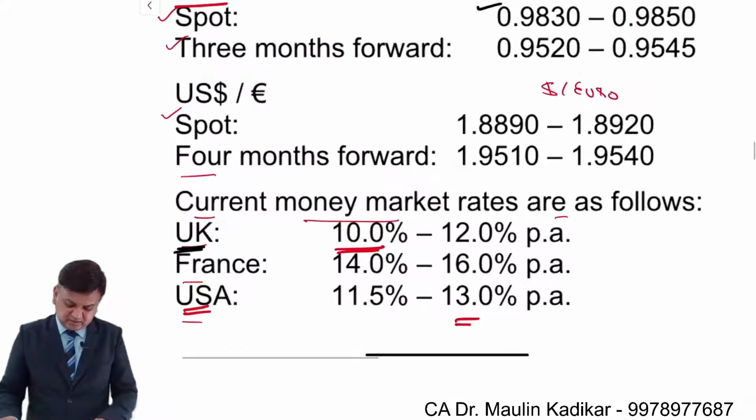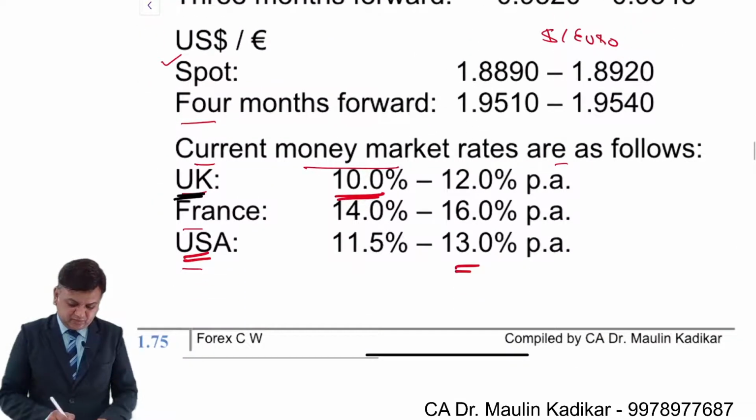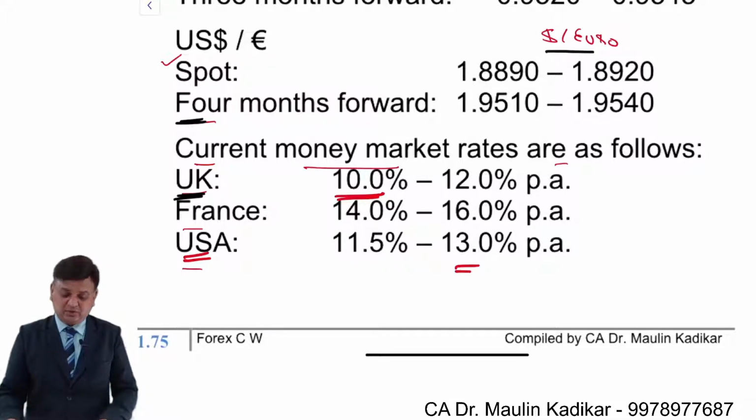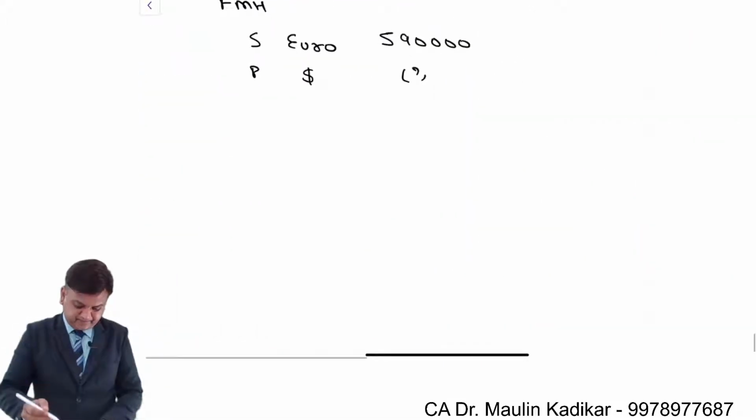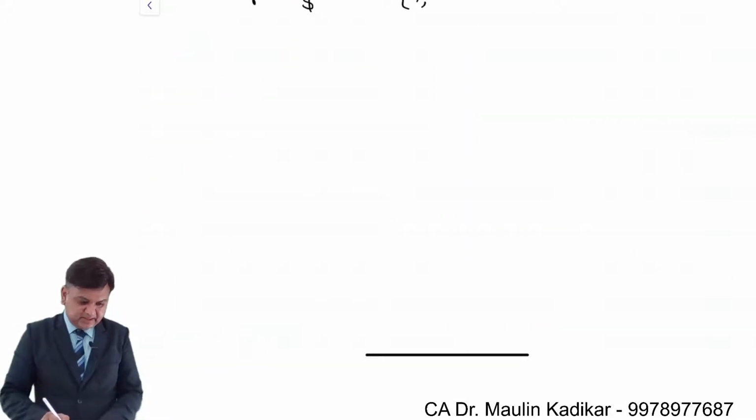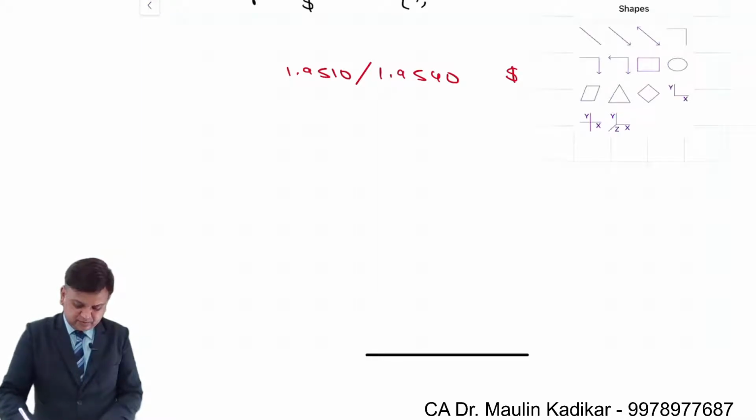Now let us see the 4 months forward exchange rate information. This is the amount of the dollar per euro information given: 1.9510 slash 1.9540 dollar per euro.